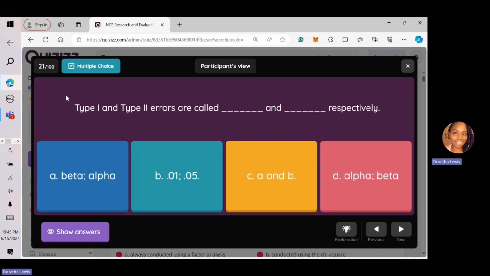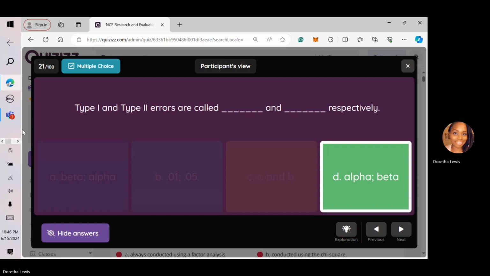All right. Type 1 and type 2 errors are called blank and blank respectively. We chose D. The way I remember this is the one here means alpha, the first letter of the alphabet, and then type 2 right here is beta, right? The second letter of the alphabet, right?